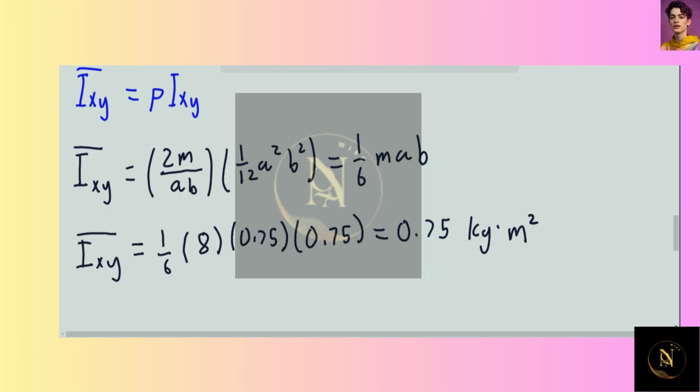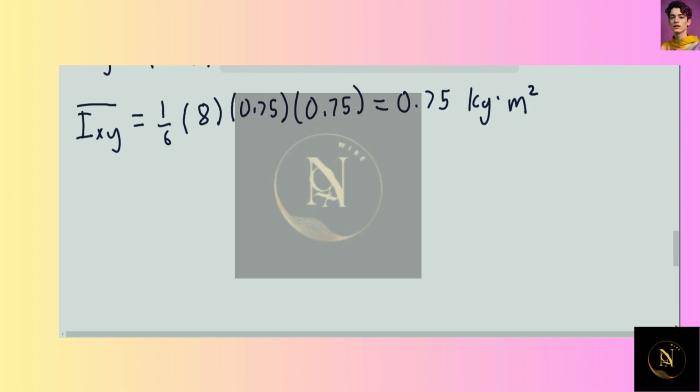And we're now going to do the same thing for the YZ plane. So the mass moment of inertia in the YZ plane is equal to rho times I of YZ.